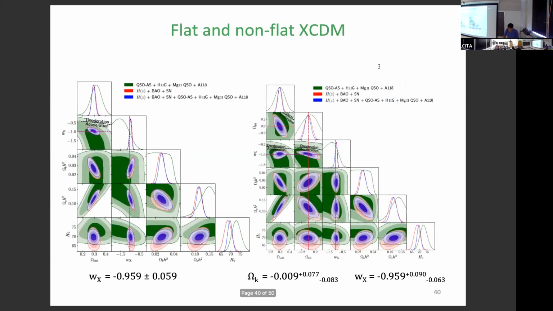If we go to XCDM, again you can see that they start kicking in when you have more free parameters. The green ones are more important, and they tighten up the red contours more. In the flat XCDM, it's consistent with the cosmological constant. And in the non-flat XCDM, it's consistent with flat geometry and a cosmological constant.